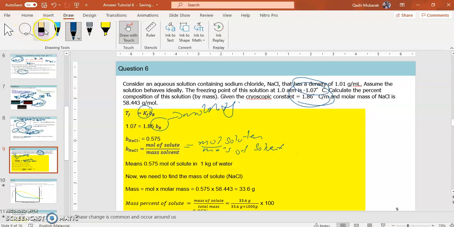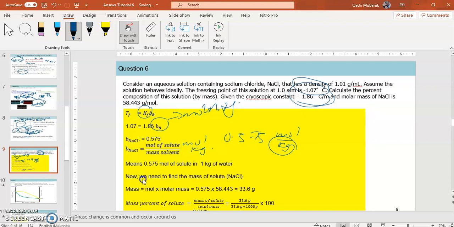So from here we can understand better what is meant by 0.575 mole per kg. It means that we have 0.575 mole in 1 kilogram of water, or in 1 kilogram of our solvent. So in this case, water is our solvent.